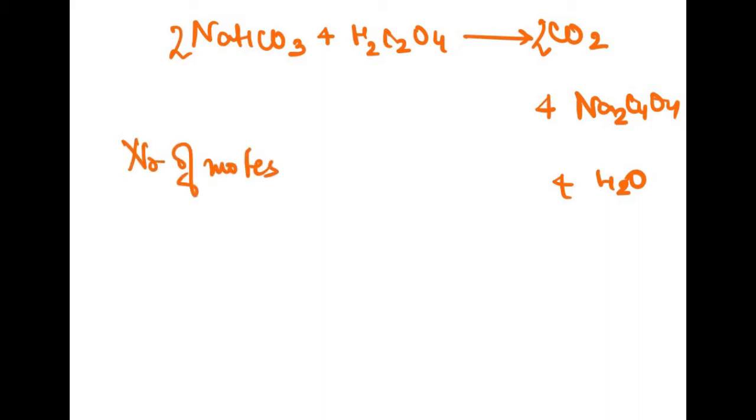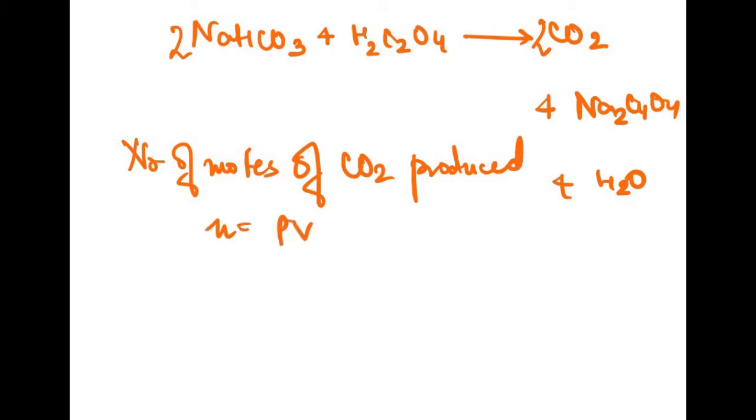Okay. So, first things first, what is the number of moles of CO2 produced? How can we calculate? We can say that n would be equal to PV by RT because PV equals nRT for an ideal gas. Right? Now, let us calculate.